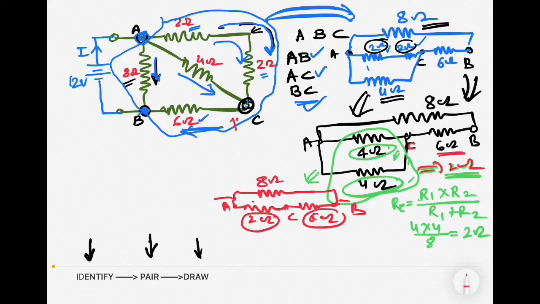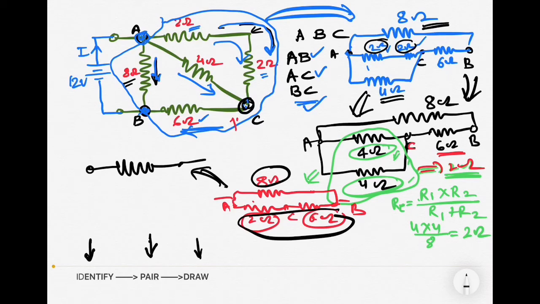So now 8 ohm and 8 ohm are in parallel between A and B. If I simplify this more, this 8 ohm and this 8 ohm are in parallel, so the resultant will be 4 ohm. So I get a resistance of 4 ohm between A and B. That is the way we can simplify a complex circuit into a simple circuit.